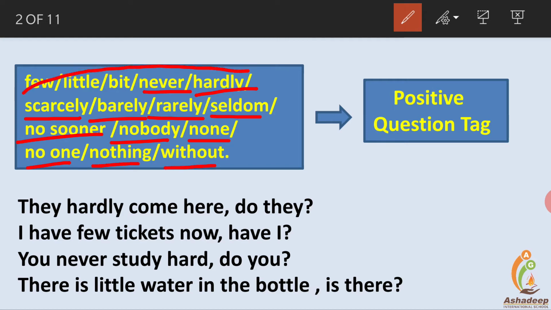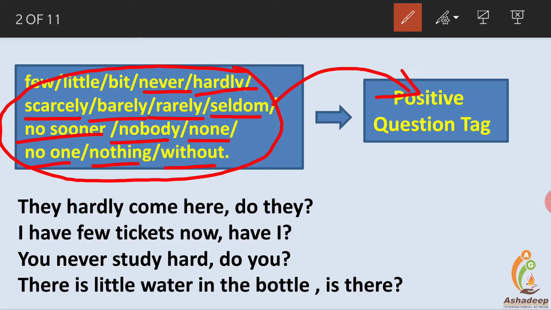These are the words which give negation, which produce negative meaning, and that's why wherever these words are used, they make the sense of the sentence negative, and that's why its question tag is always positive.